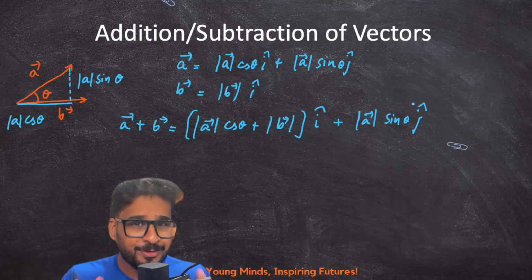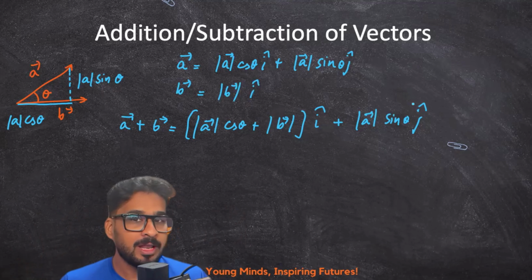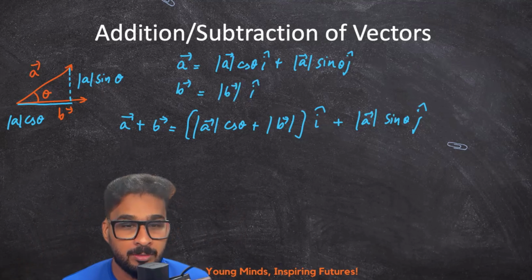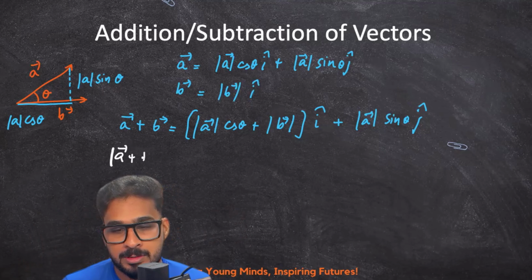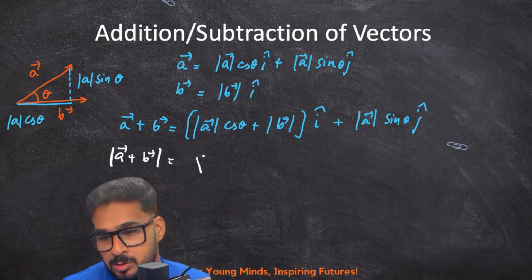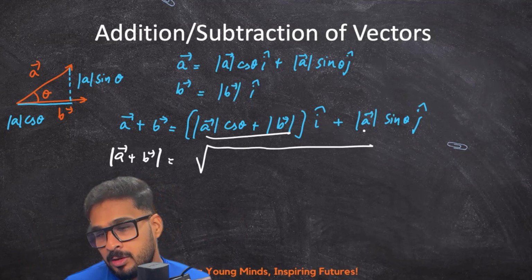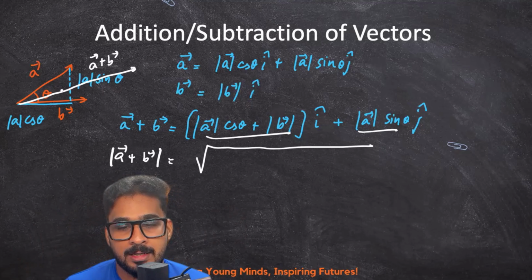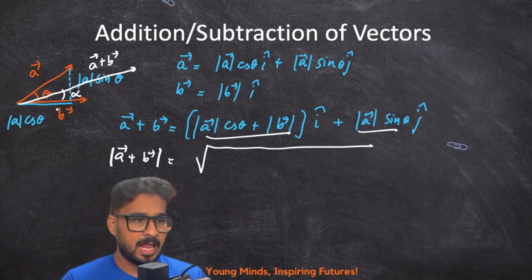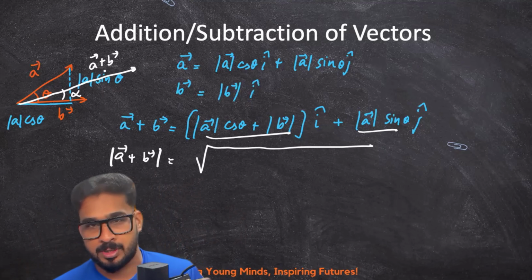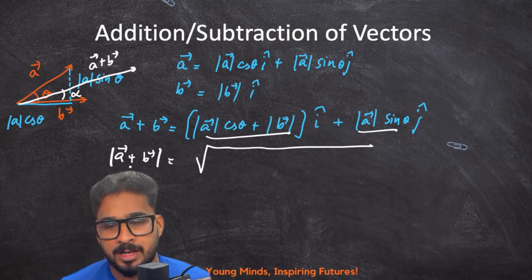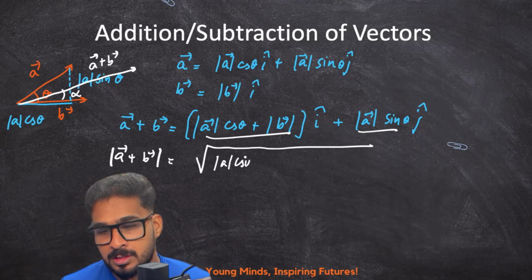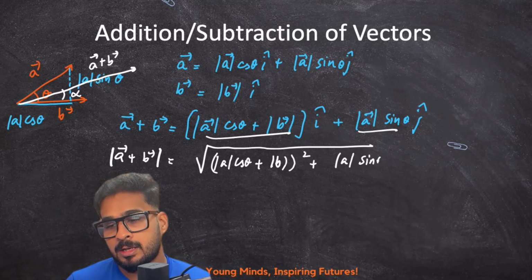Now if I want to find the magnitude of it, how will I find the magnitude of A bar plus B bar? The modulus of A bar plus B bar can be written as the square root of this value and this value. This angle is defined as alpha. I can find alpha as well as I can find mod A plus B. The modulus of A bar plus B bar can be written as mod of A cos theta plus mod of B the whole square plus mod A sin theta the whole square.